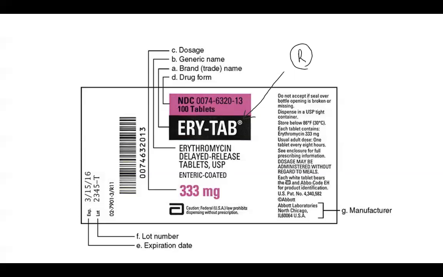Anytime you get confused about what's generic and what's your trade name, you can look for that R with a circle. Sometimes it might be a TM with a circle as well. I don't know that I've seen that recently, but it's not outside of the realm of possibility. Anytime you see that R or TM with a circle around it, that indicates that it is a registered brand name. It means the brand has paid for that name and nobody else can use it.